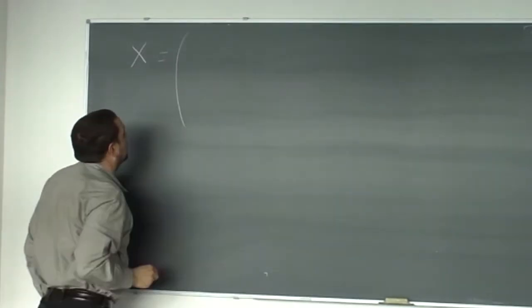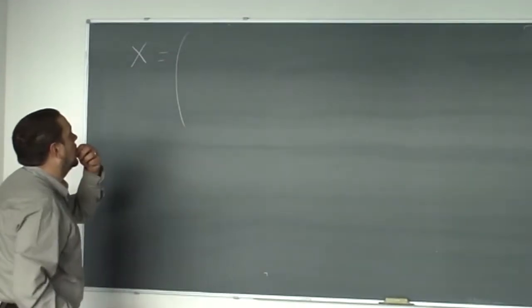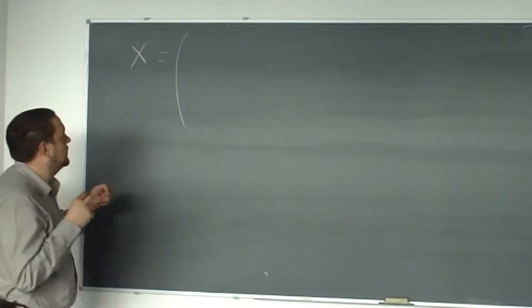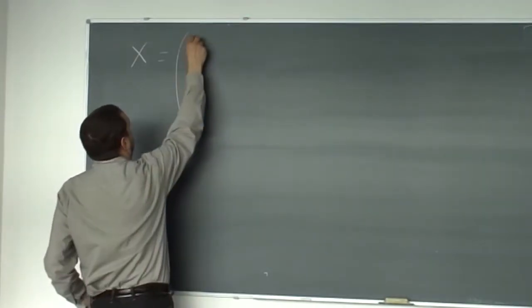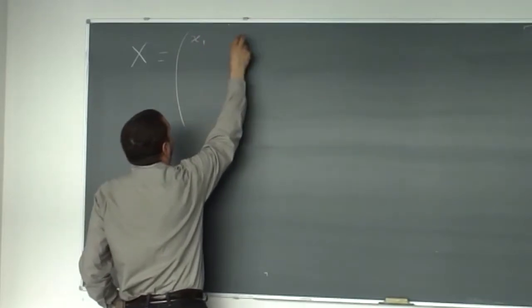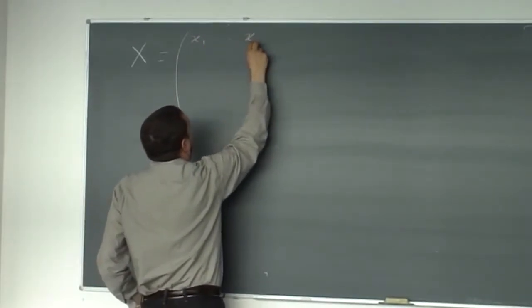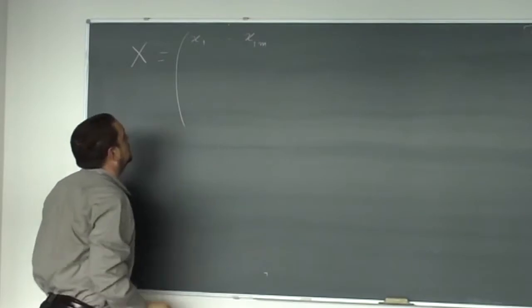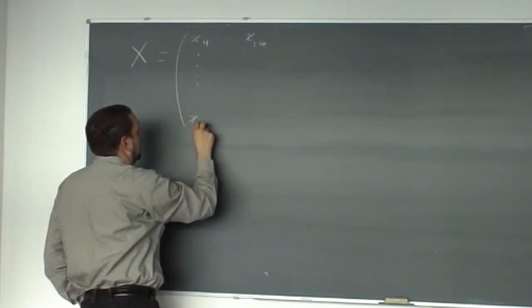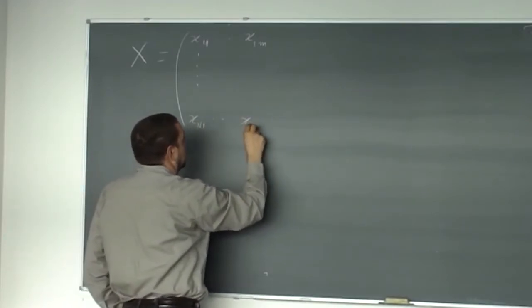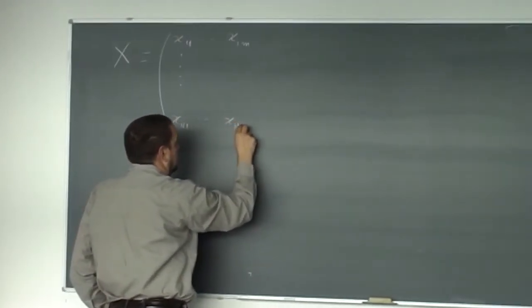I need to remember the notation, but let's say we call the elements x1 up to xn, x of 1, and here xn1 up to xnm.